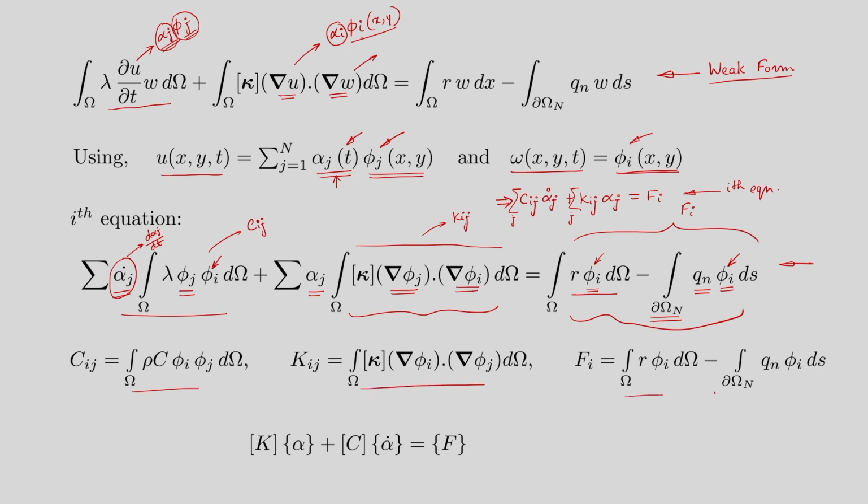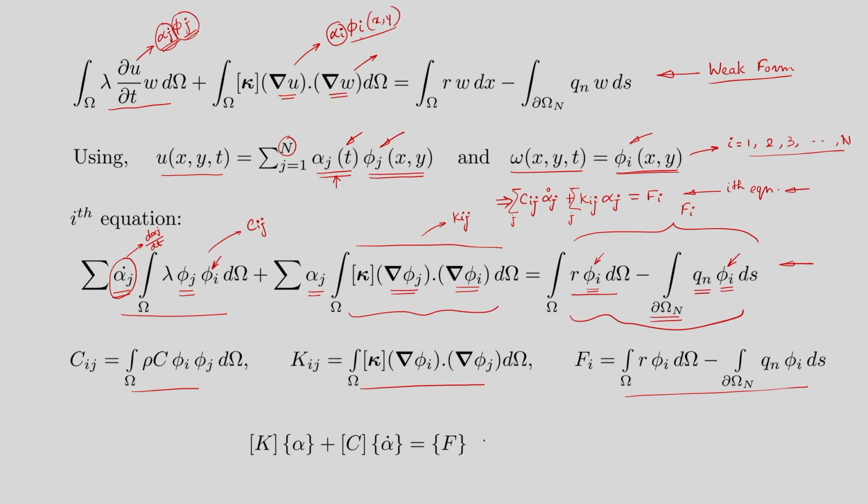This we need afterwards when we will try to find out these C ij's and K ij's and F i's, alright. So, in this case we have taken w as one of the phi i's. So, if I change i from 1, 2, 3 to n, so there are n number of basis functions representing u, alright. So, if I change i from 1 to n, I will get n such equations, okay.